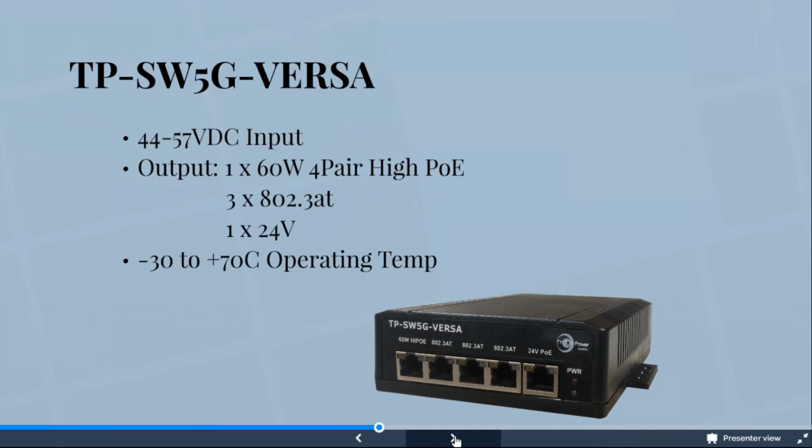It does require 48 volt input, but it gives you one port at high PoE, or 60 watts, the PoE++, which would power your high powered access point, the high gigahertz, low range access point or bridge, or your PTZ camera. It also gives you 3 ports at 802.3 AT, and 1 port at 24 volt passive, so you can power that low power access point. So all the different devices can be powered from this one switch.